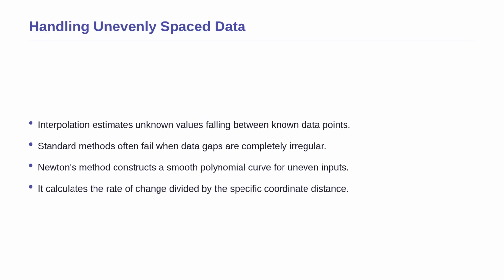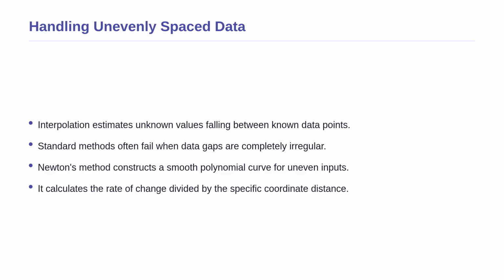To understand why this method is so important, we first need to talk about interpolation. Interpolation is the process of estimating an unknown value that falls between known data points. Often we are taught methods that assume our data is perfectly equally spaced. But in reality, data is messy.